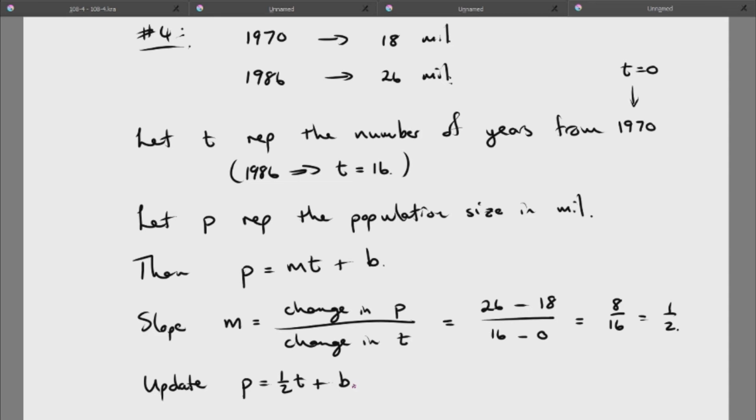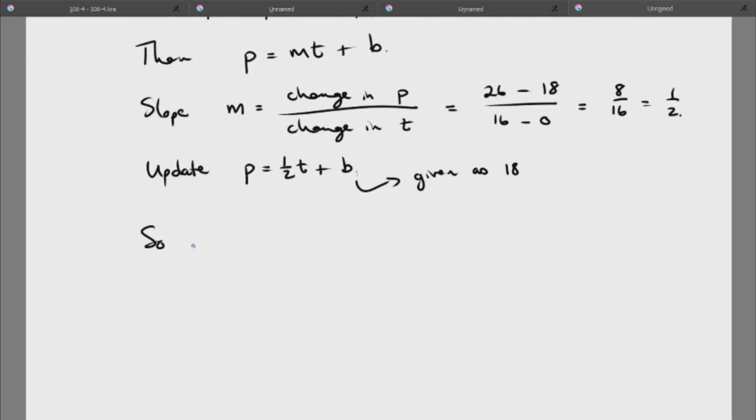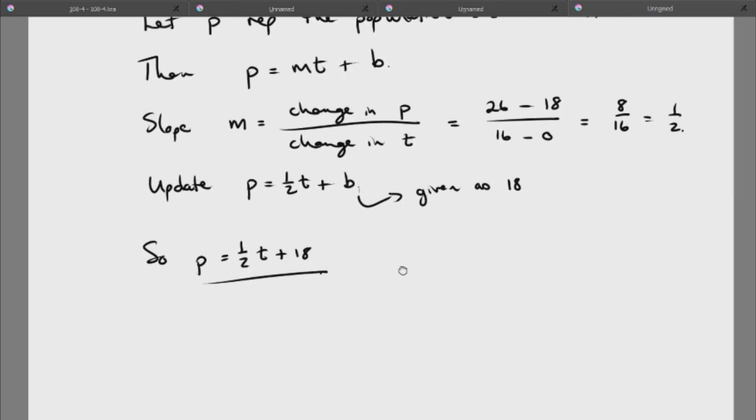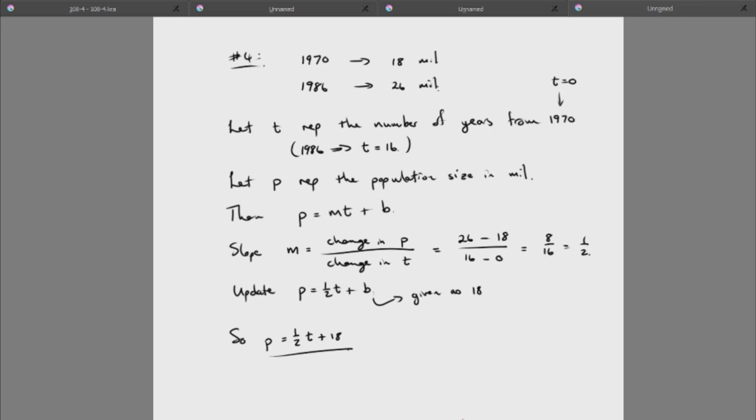So my choice has even more benefits that the b is already given as 18. So there is nothing to do. If I chose it differently in how I define the variables, then I just have to plug it in and calculate b and so on. Not that that's incredibly difficult, just a little bit inconvenient.